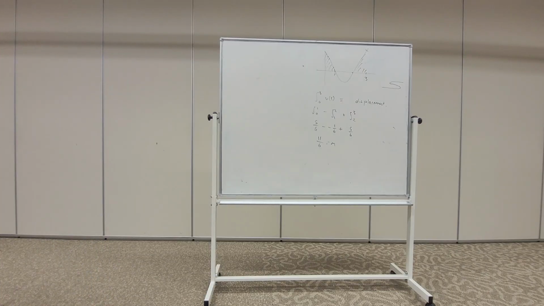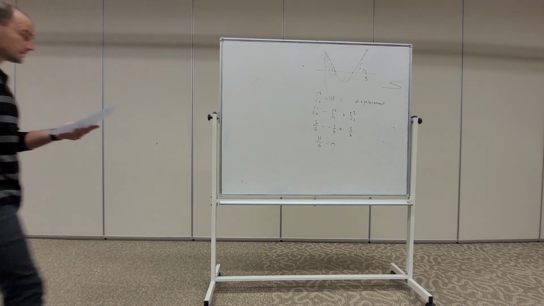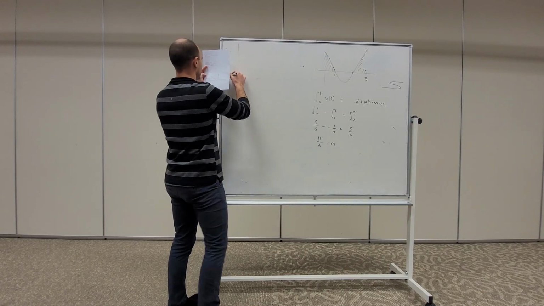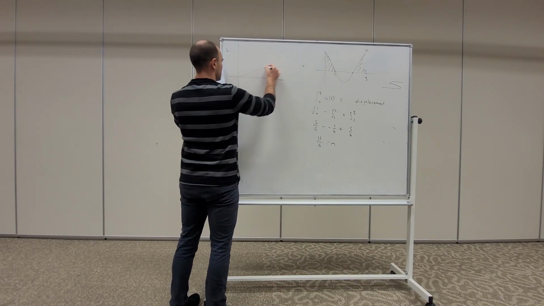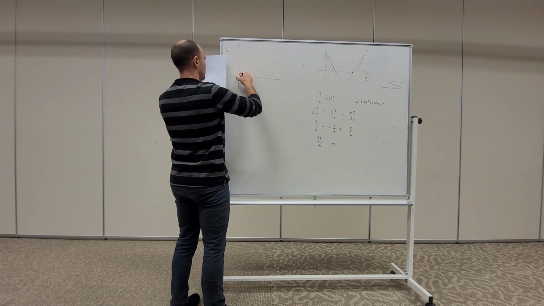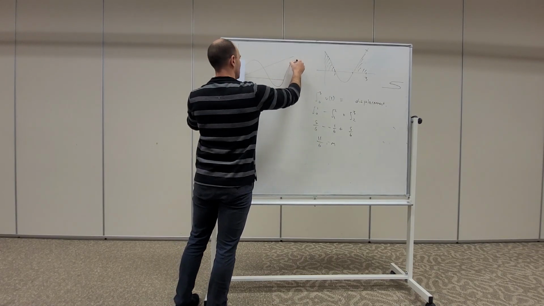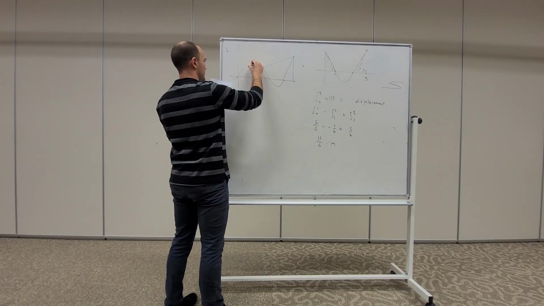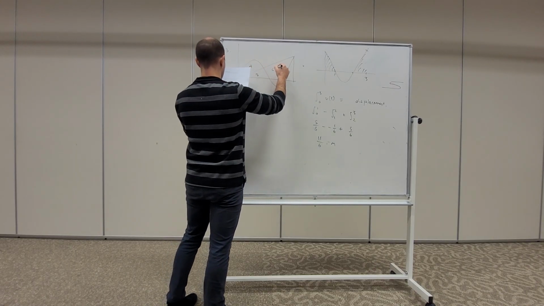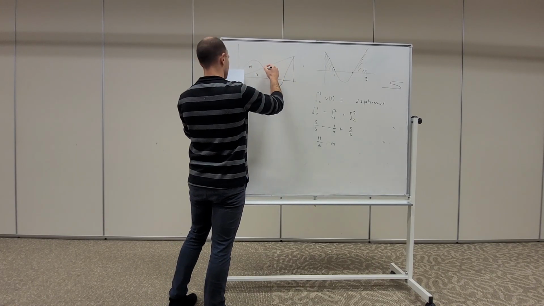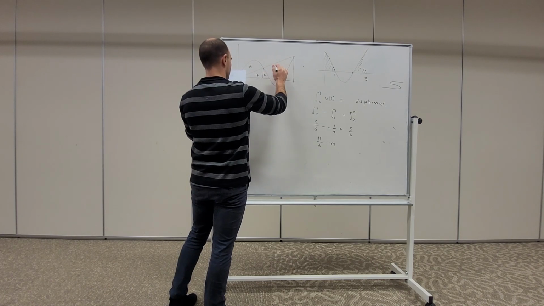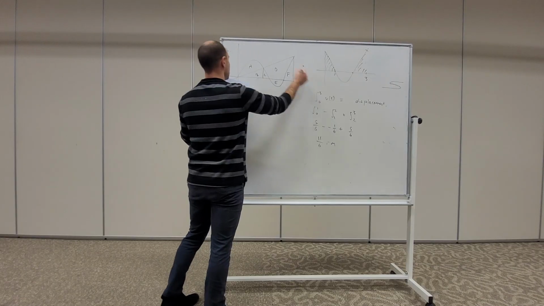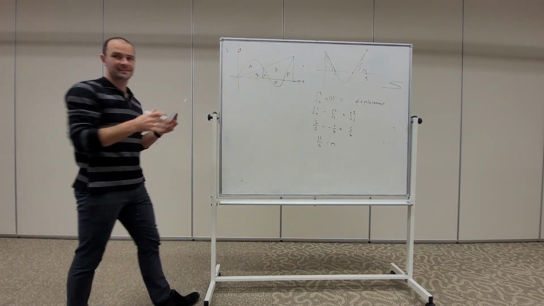Okay, on to question 3. So this is a bit of a problem-solving one. Now, it looks like this. We have a polynomial, that's going straight down there. And we have regions A, B, C, D, E, F, x-axis, y-axis.